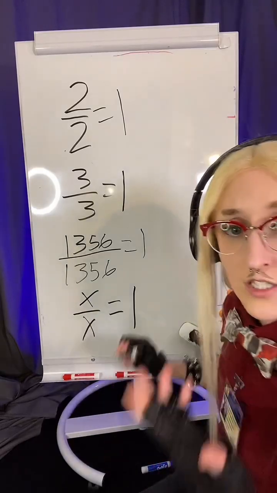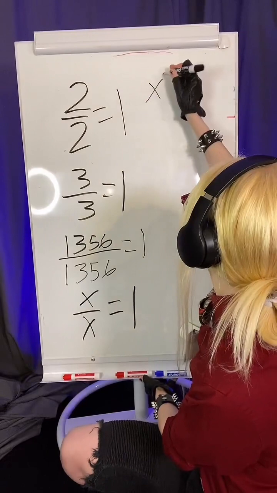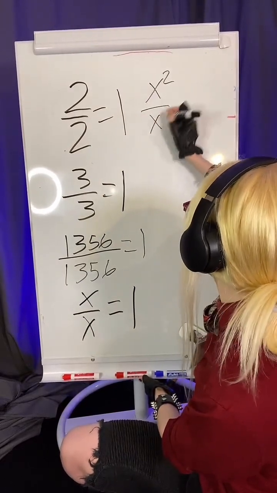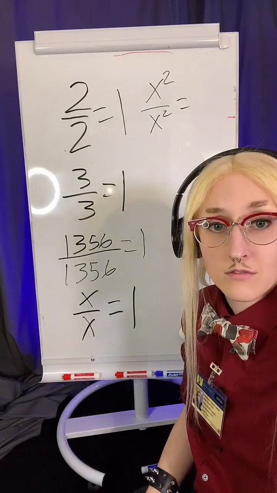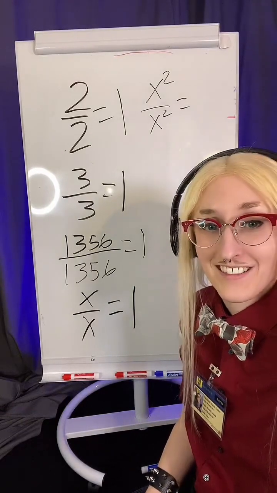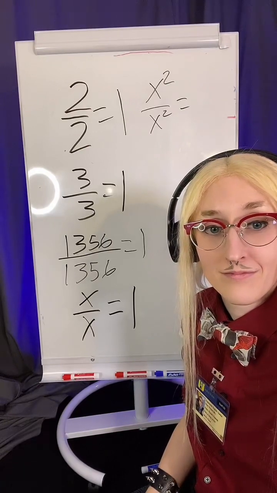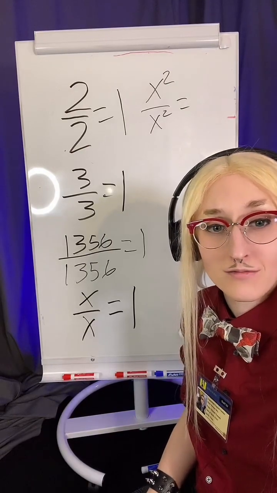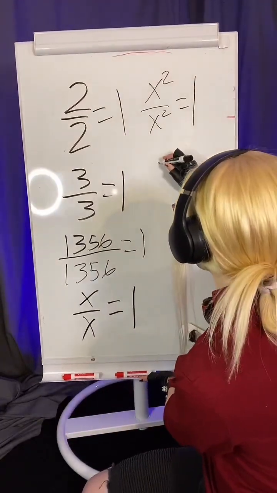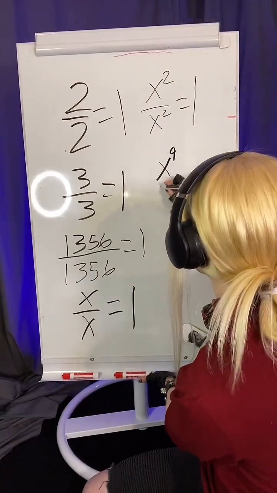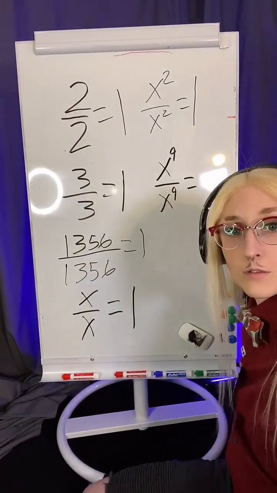So, if I expand on that, what about x squared over x squared? What's that going to be? And thank you for the roses, my dears. It's still just 1. Nice. If I have x to the power of 9 over x to the power of 9, what's that going to be?